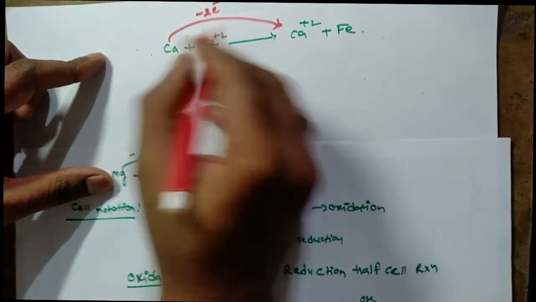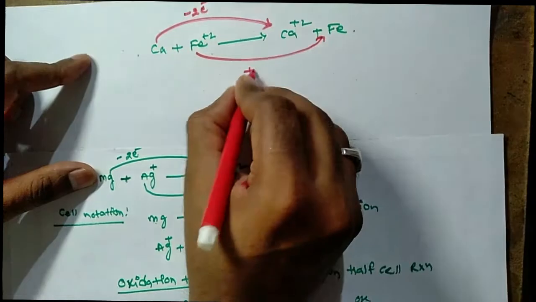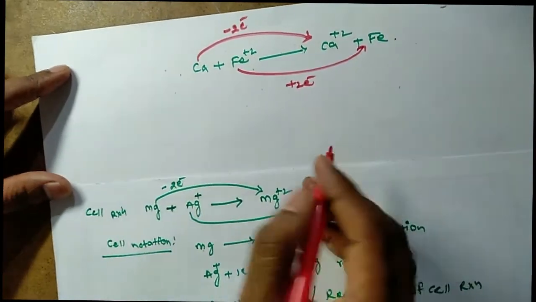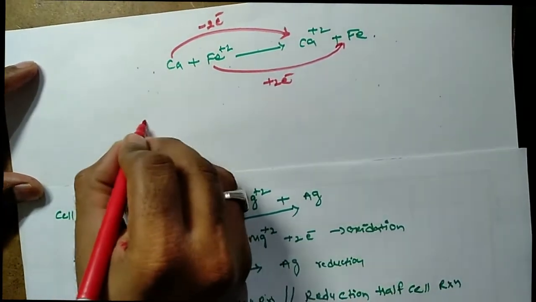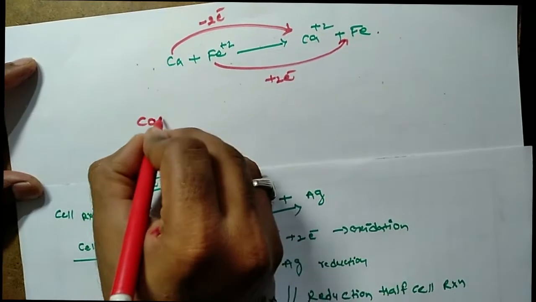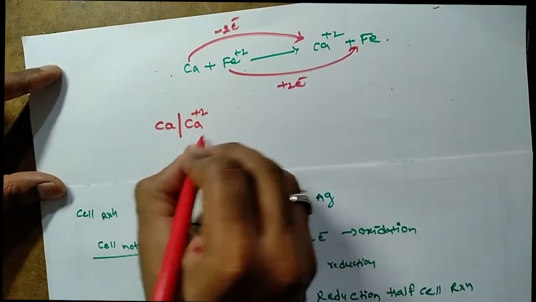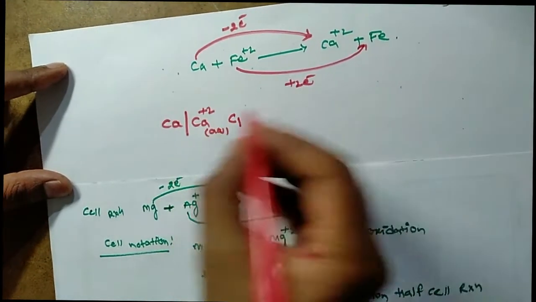This is the oxidation at the anode. This is the gain of electrons, forming iron. So how can you write that cell notation? This is a cell reaction. They ask the cell notation. First of all, electrode: what is the electrode? Ca electrode, right? Next one, what is it converted to? Ca2+ aqueous medium, with concentration C1.